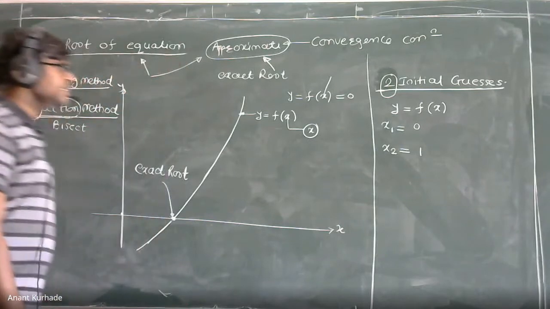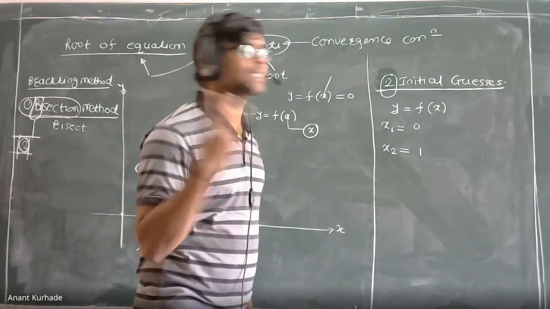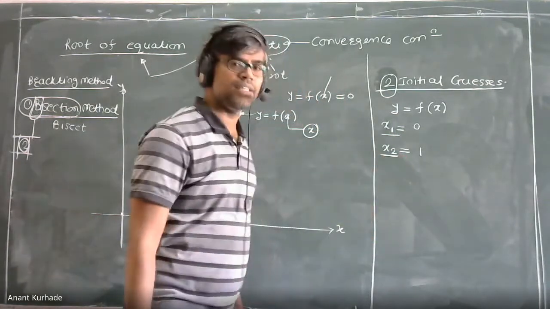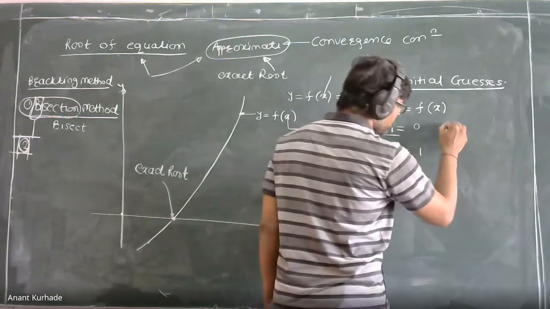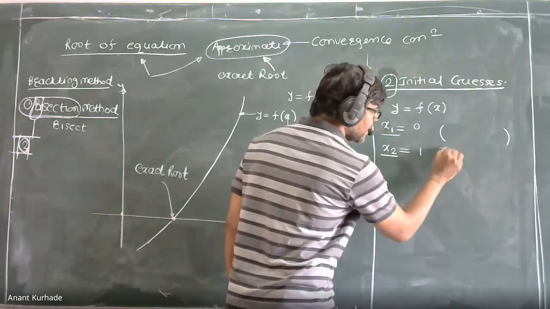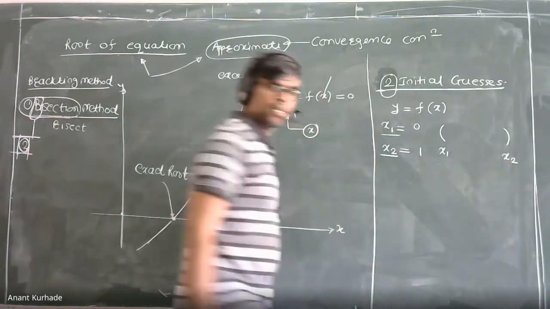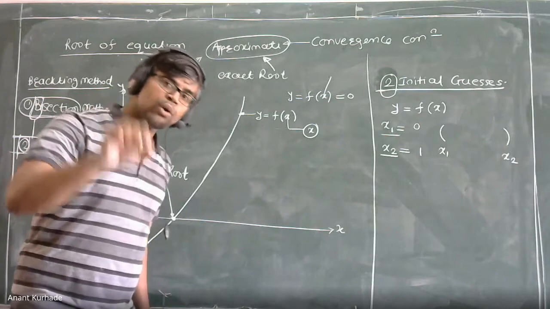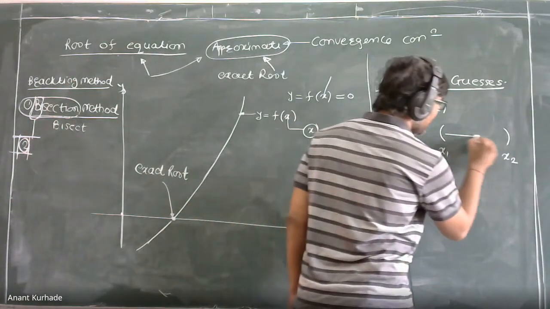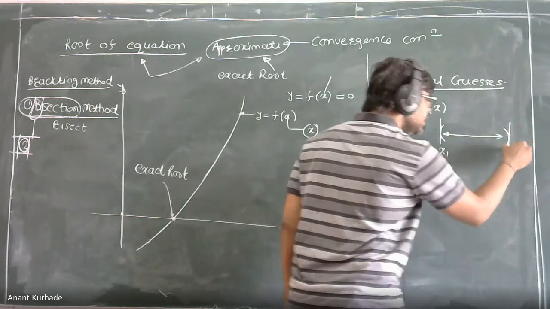Now, why is this called a bracketing method? We have provided 2 guesses, that means x1 and x2. Just I will draw one bracket. The first bracket means value x1, the second bracket means value x2, and the approximate or exact root of the equation will lie between these 2 values.